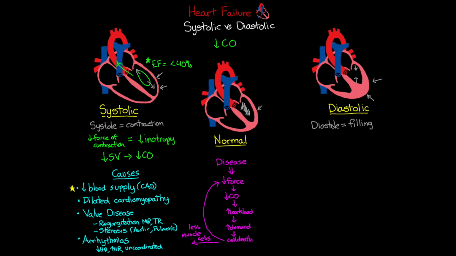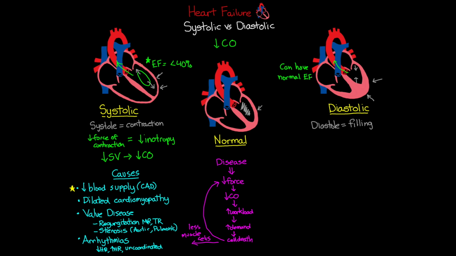And so just like in systolic heart failure, the heart's unable to pump enough blood to meet the body's demand. So again, we have a limited amount of blood that's going to be ejected out here. But one of the interesting things with diastolic heart failure is that you still can have a normal EF.